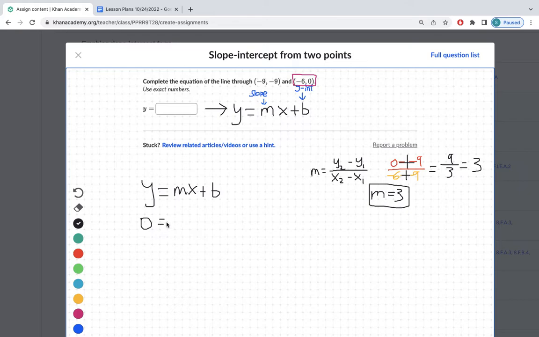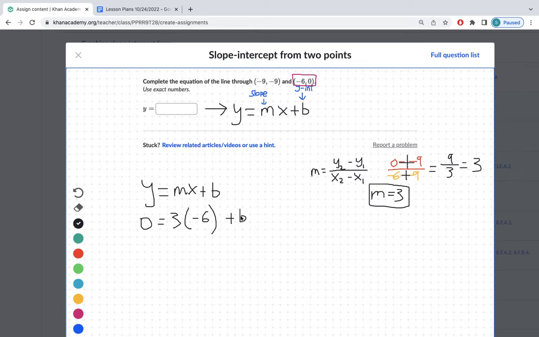From there, we want to put in a number for m, which is our slope. We know that our slope was 3, so I'm going to replace m with 3. Then we have our x value. Going back to the ordered pair we chose, we said our value was -6, so I'm going to multiply by -6. And then I will add b.